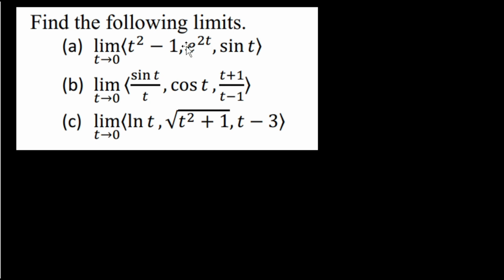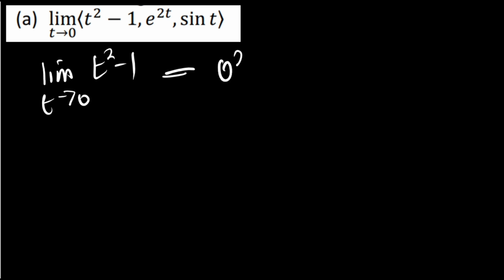Let's look at this group of questions too. Let's pick the A. The limit of t squared minus 1 as t approaches 0 becomes 0 squared minus 1, and that is negative 1.